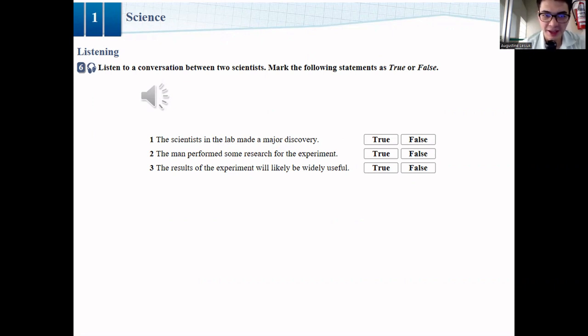So we have: the scientists in the lab made a major discovery; the man performed some research for the experiment; and the results of the experiment will likely be widely useful. So after you listen to the audio clip, pause the video and choose true or false for the following statements. Okay.